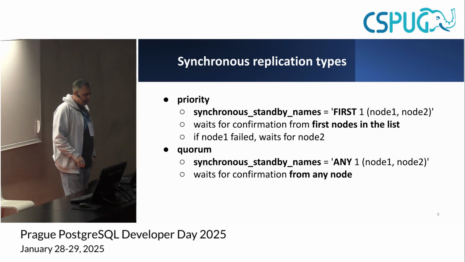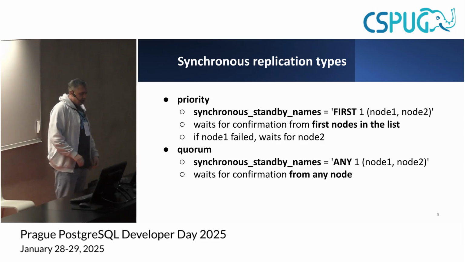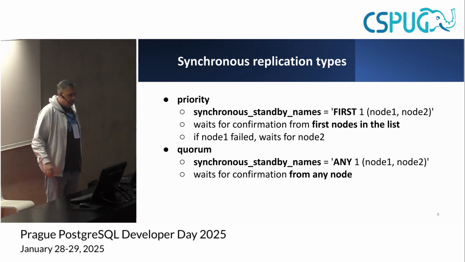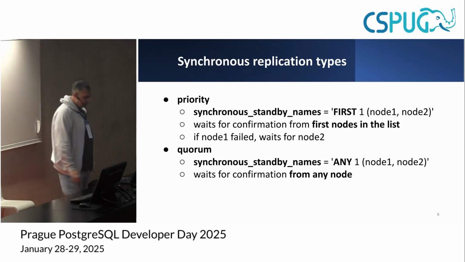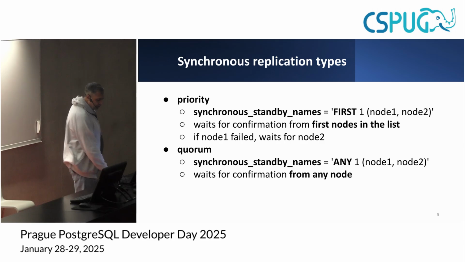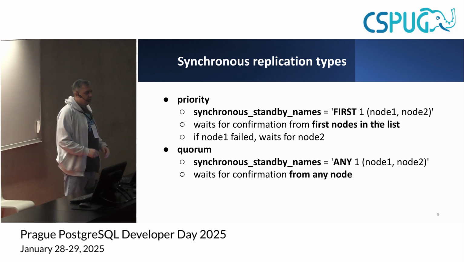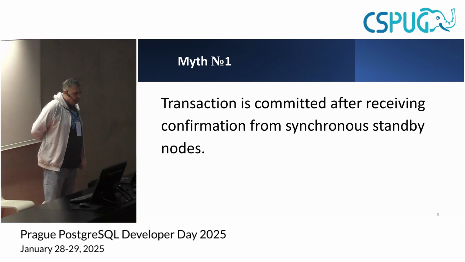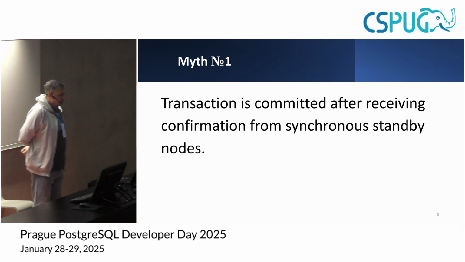Basically, if one of those two nodes fails, primary will not experience any issues, because with priority replication it may take time to detect that node 1 is not responding. So it's clearly more beneficial to use quorum commit.